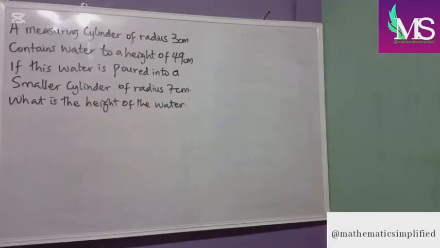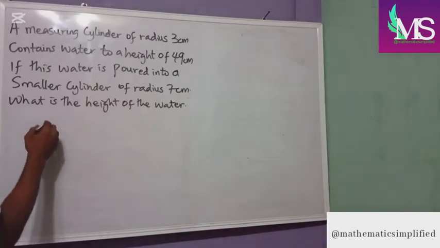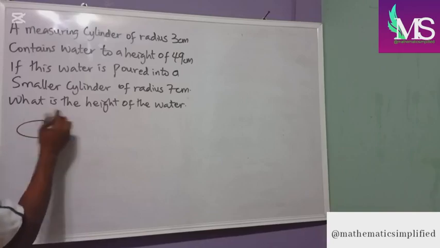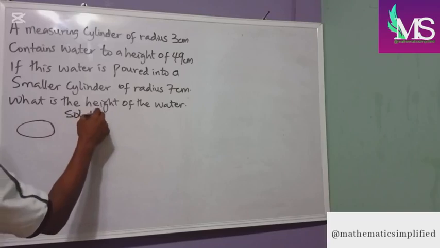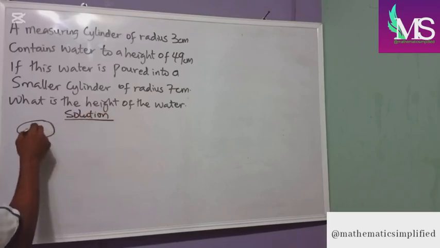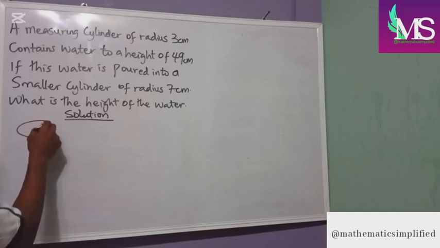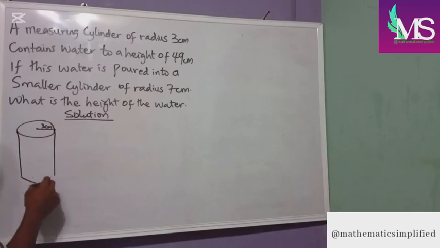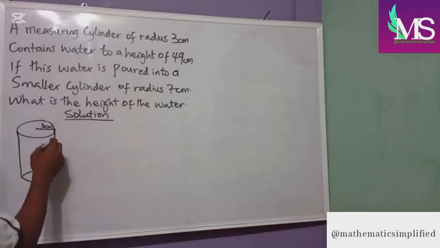Now, the third question says, a measuring cylinder of radius 3 cm. We have our cylinder, the radius is 3 cm, and it contains water to a height of 49 cm.